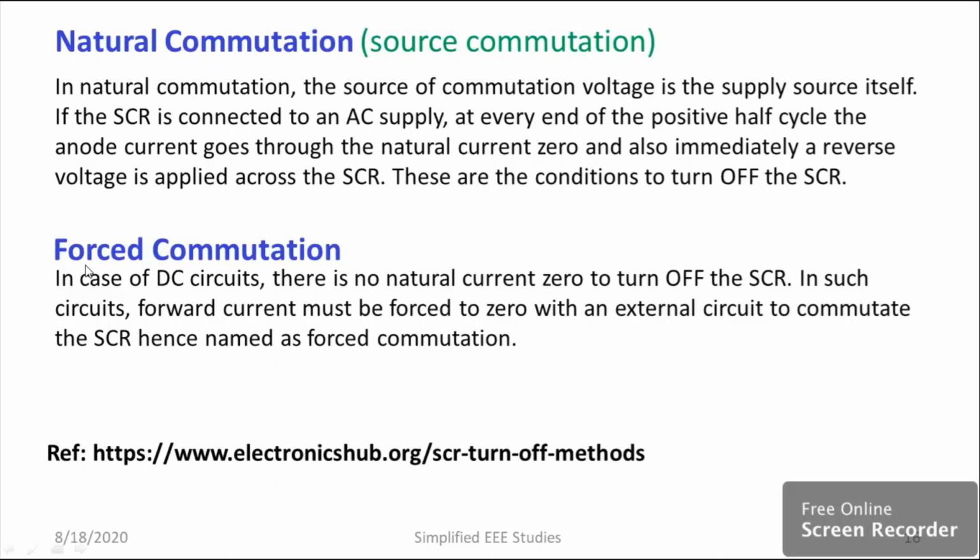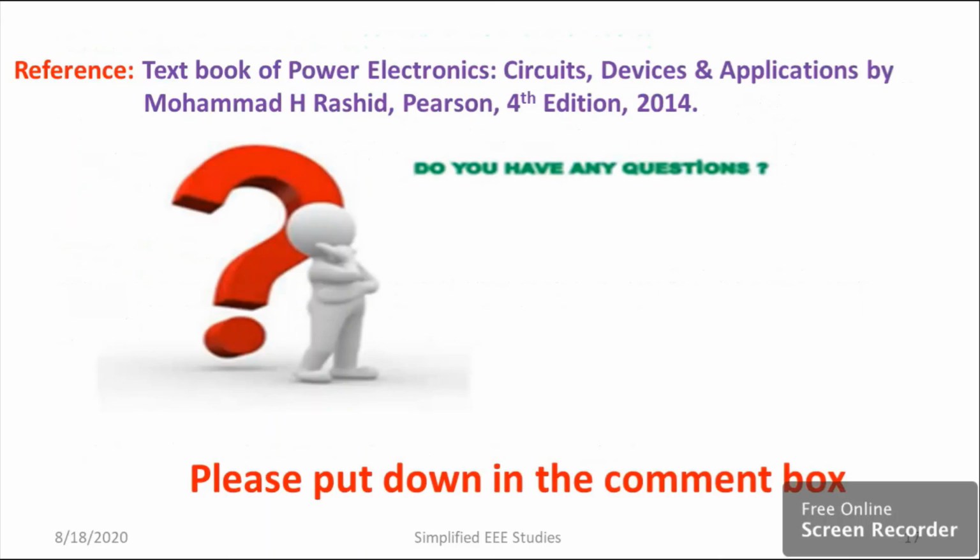But if you want to turn off the SCR by using any external element such as an inductor or capacitor, such a commutation technique is known as forced commutation. So these are the two types of commutation available to turn off an SCR: natural commutation, or source or line commutation, and forced commutation.